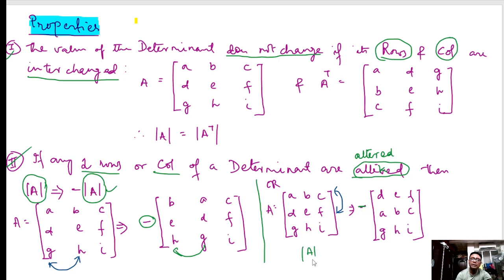If it is mod A, it will become mod of this, but there will be a minus sign in front. So if you interchange any two rows or any two columns, the determinant's value will remain the same, only with a different sign. Clear?